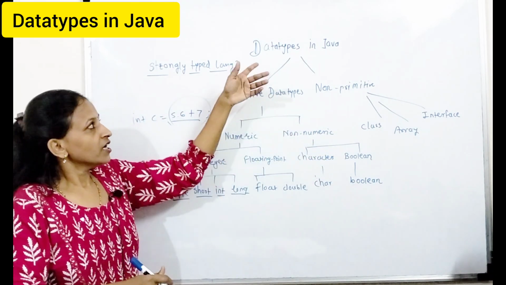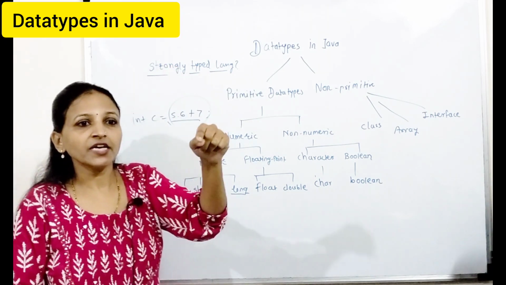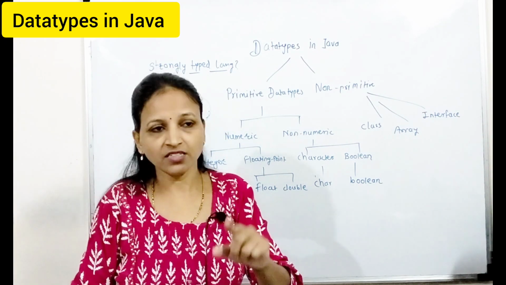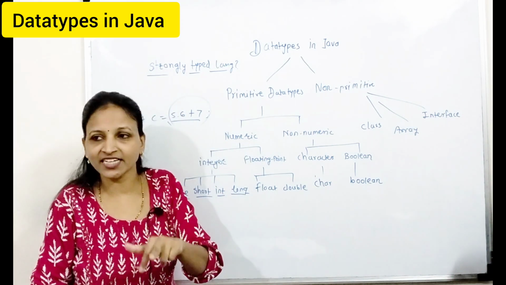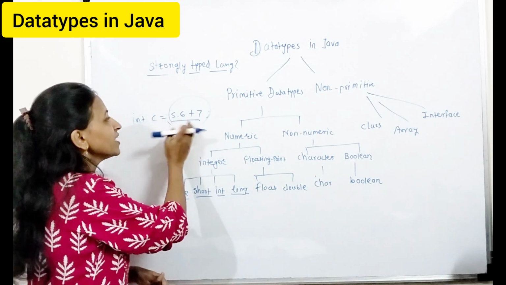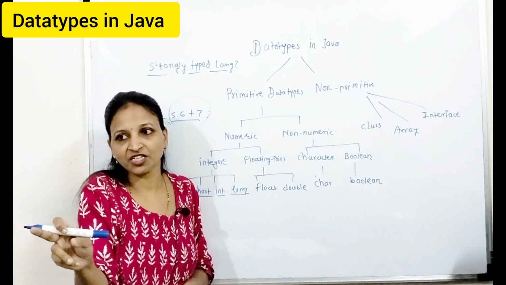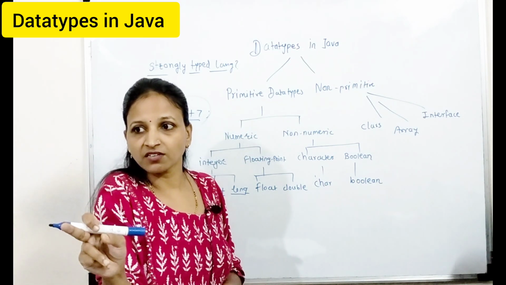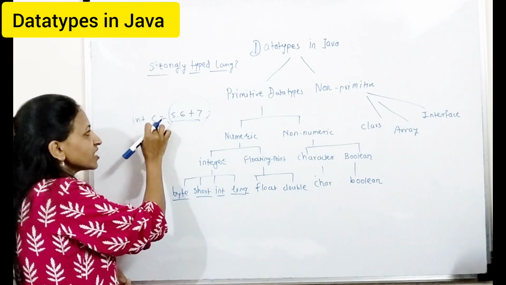Now why is Java called strongly typed? Because every variable has a data type associated with it. That is the first point. Every expression again has a data type associated with it. Whenever you do any direct assignment, using the assignment operator, strict type checking is there. Strict type checking means the type on this side is checked against the type on that side.